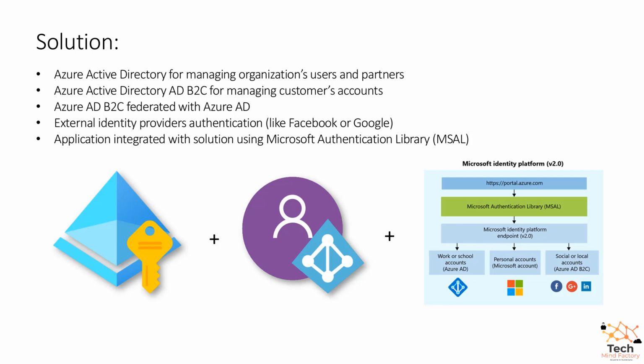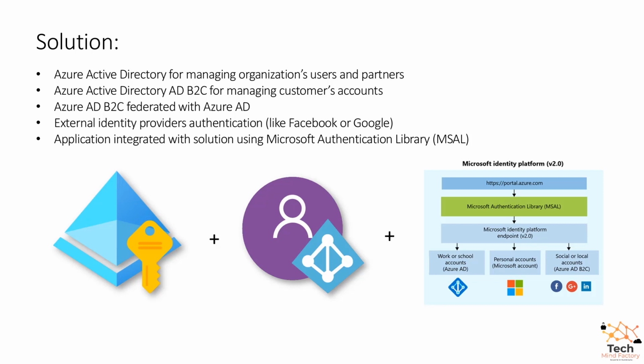So not only for internal users, but also for partners and end users. It's worth mentioning that external identity providers can also be integrated with B2C. So if we would like to provide access for our customers, for end users using Facebook or Google, that's also possible.